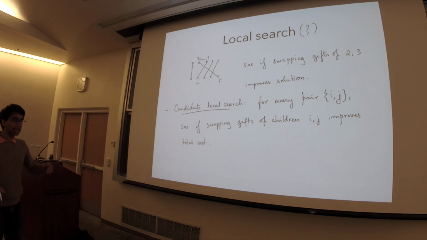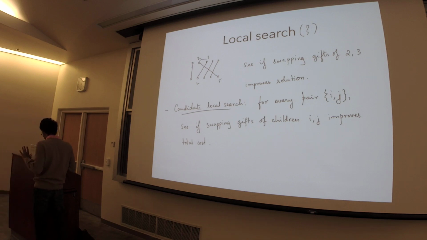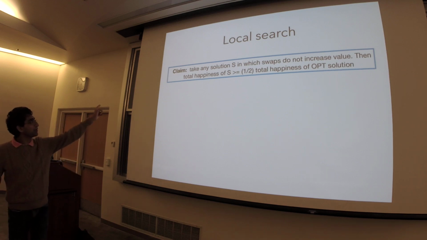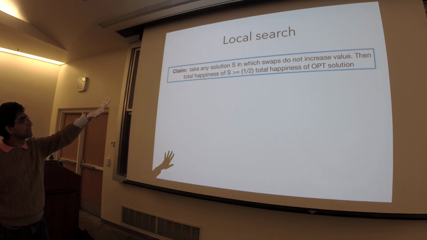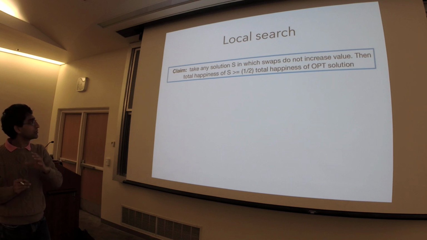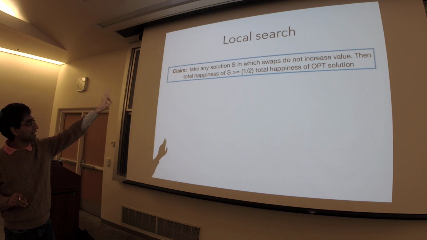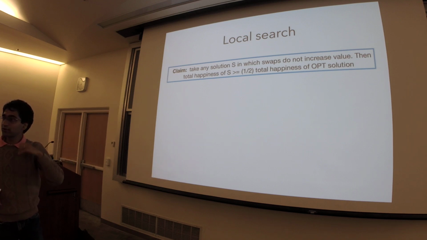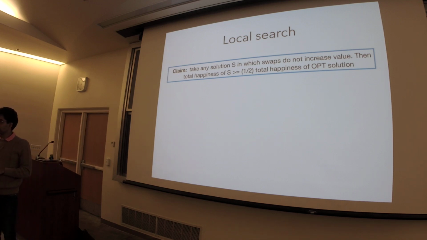So the next class we'll see how this very, very basic algorithm results in a solution that's not too bad. Formally, what we'll show is that you take any solution in which none of these pairwise swaps improve the value. You can show that the total happiness of that solution is at least half the total happiness of the optimal solution. So this is similar to the algorithm that we saw for set cover.